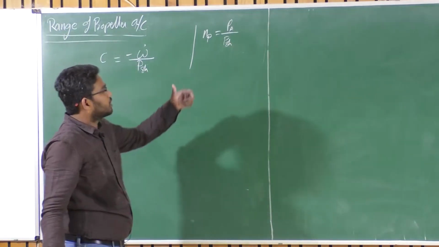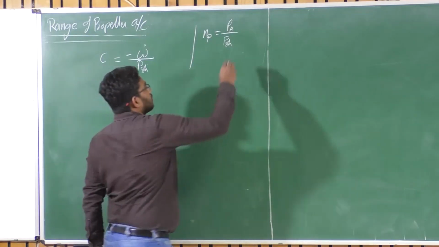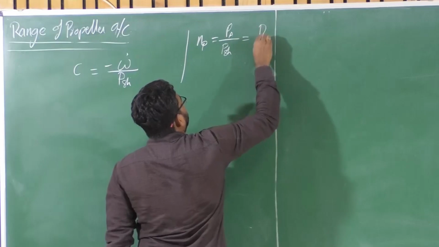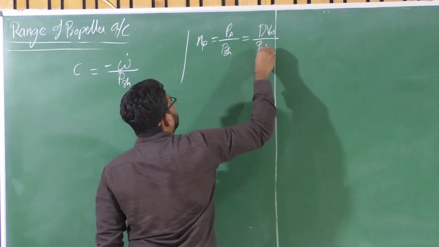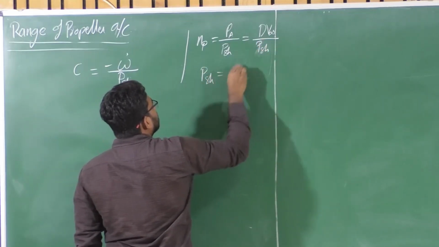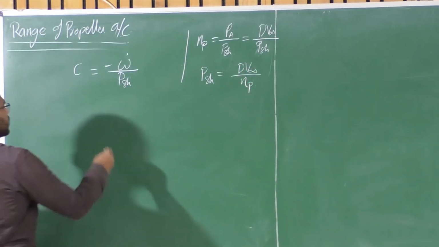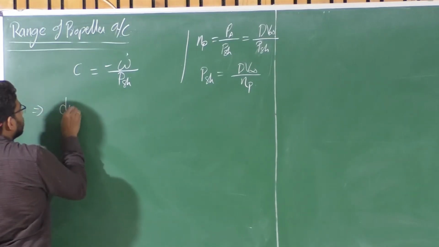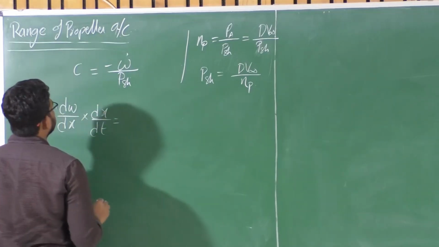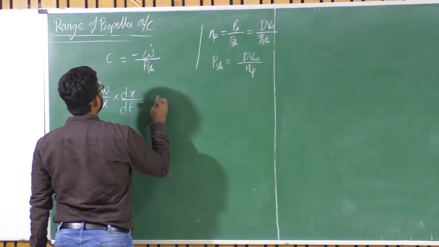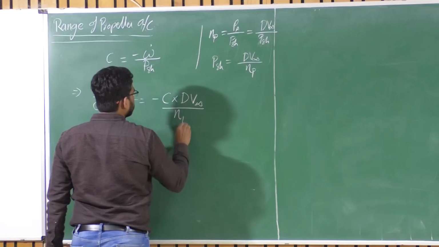If you want to talk about the performance of the aircraft, this power available should be equal to drag times velocity, the power required by the system. So shaft power is equal to drag times velocity upon propeller efficiency. Substituting that here, dW upon dx times dx upon dt is equal to minus C times D times V infinity upon propeller efficiency.